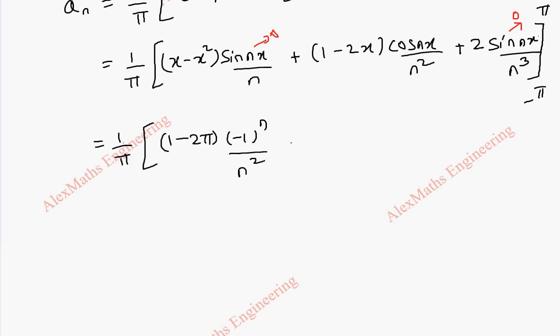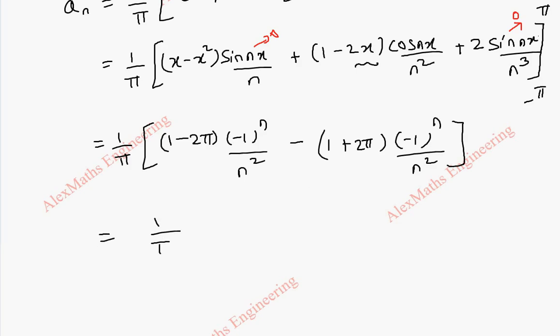Then for the lower limit, once again the first two terms are 0, and when I put minus pi here it becomes 1 plus 2 pi into minus 1 whole power n by n square. Here we can take 1 by pi and minus 1 whole power n by n square common.